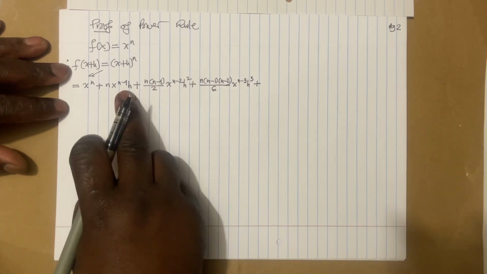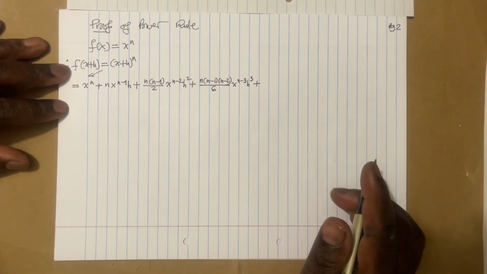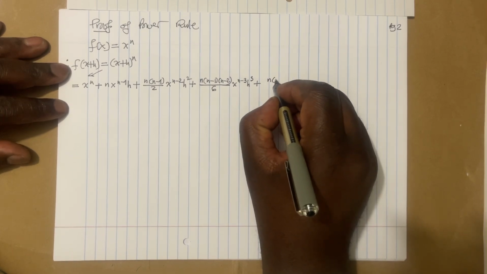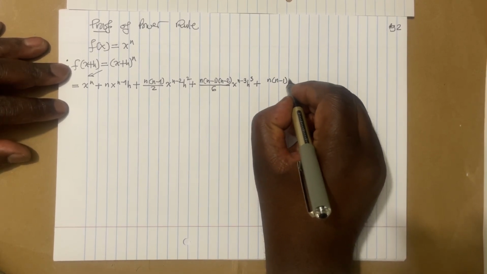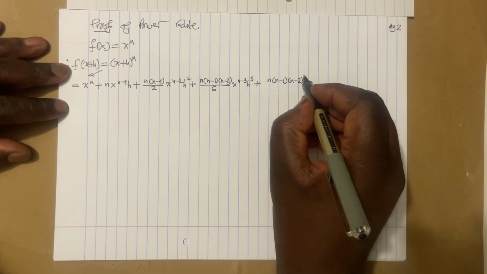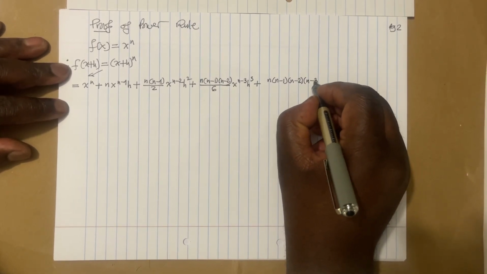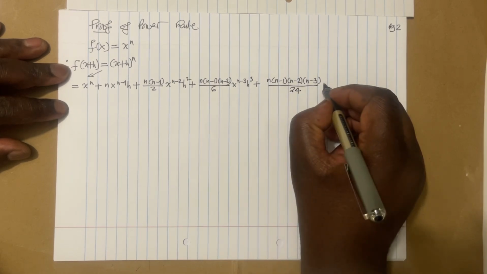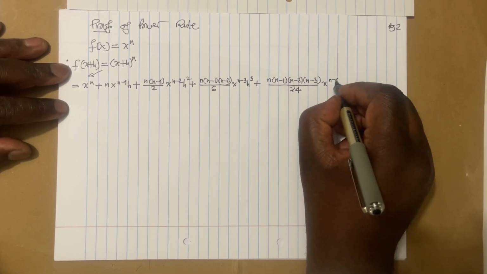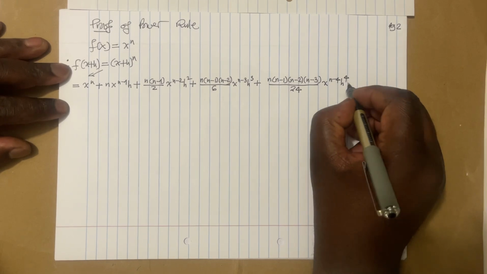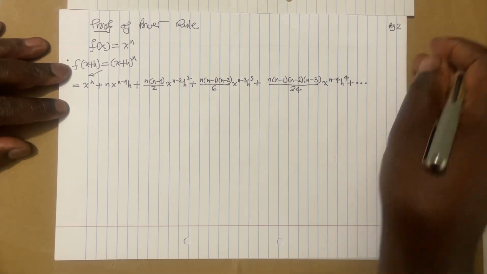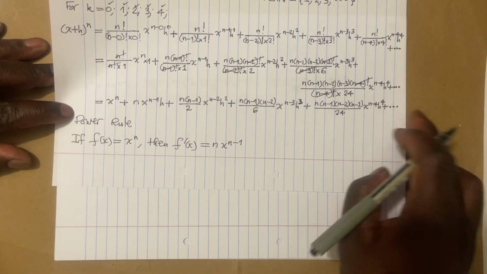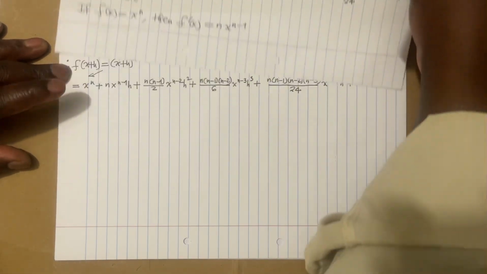So we have 1, 2, 3, 4, and term number 5, the last one, is n minus 1, n minus 2, and then I have n minus 3 all over 24, and then I have x power n minus 4, h power 4, plus 1, 2, 3. It's basically this expression here that I'm rewriting all the way up to there. That's the one you can see here.